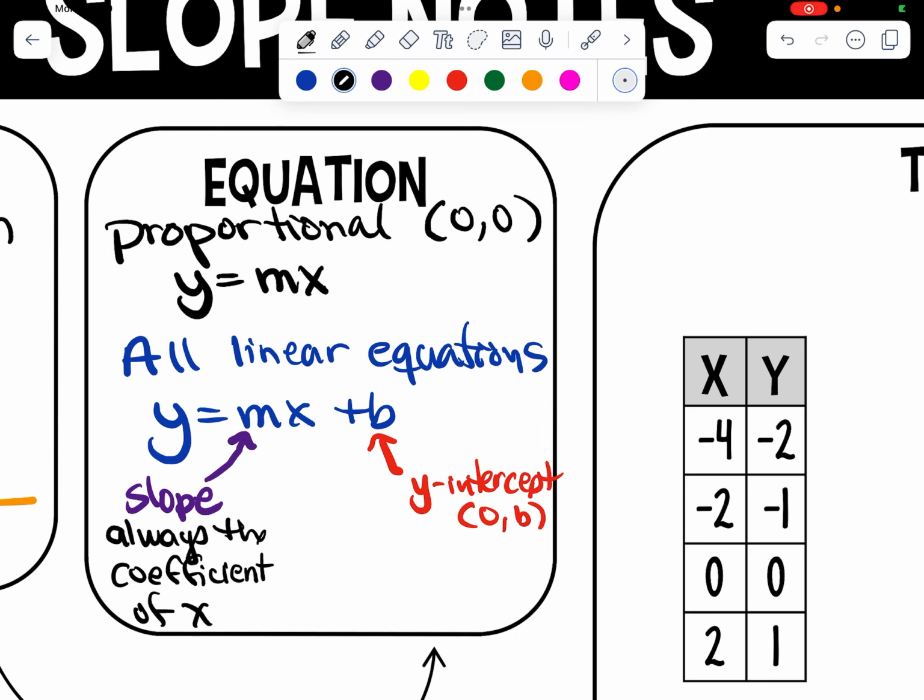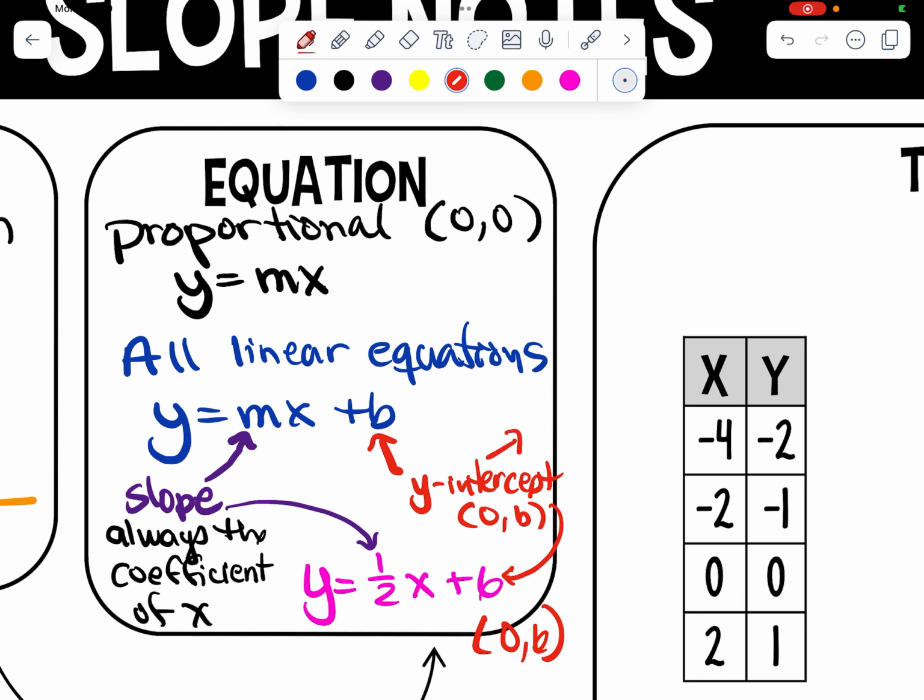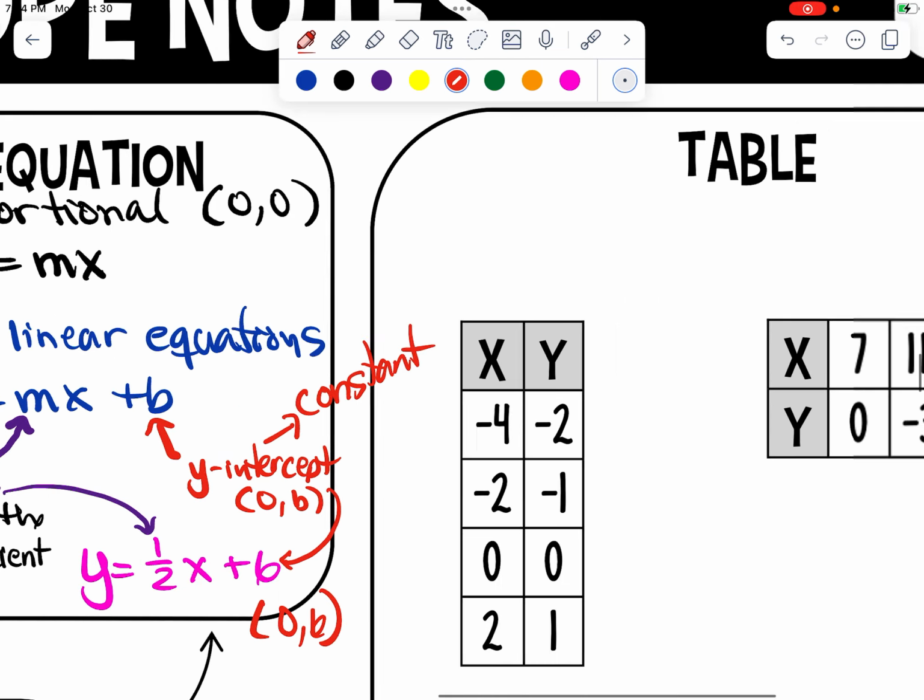So if I had y equals 1/2 x plus 6, okay, my slope for this would have been the 1/2. My y-intercept is the 6, and we would write it as 0, 6. Okay, the y-intercept is always the constant.